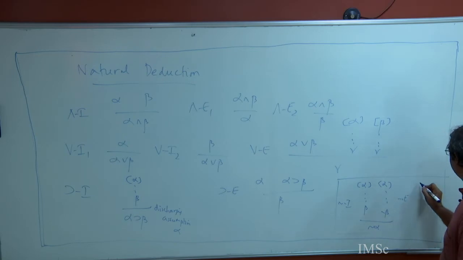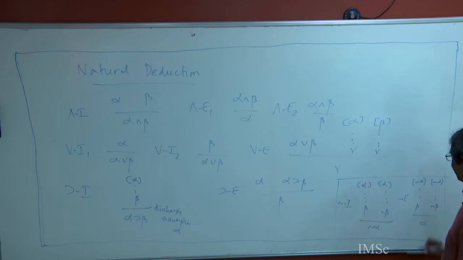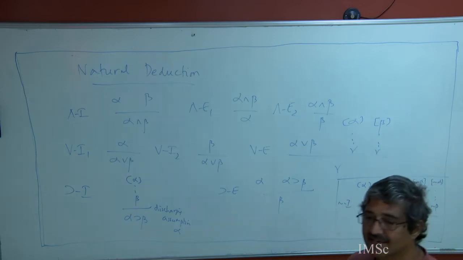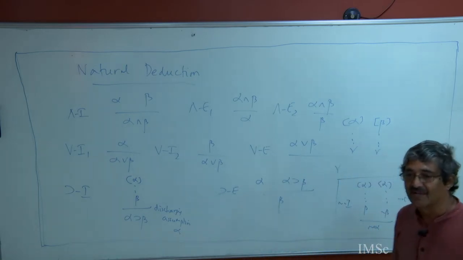Negation elimination: assuming not alpha, I get beta, and assuming not alpha, I get not beta, then I can derive alpha. This is the reductio ad absurdum. Assuming alpha, if I can get a contradiction, I can get negation alpha. Assuming negation alpha, if I get a contradiction, I get alpha. So that's negation introduction, negation elimination.